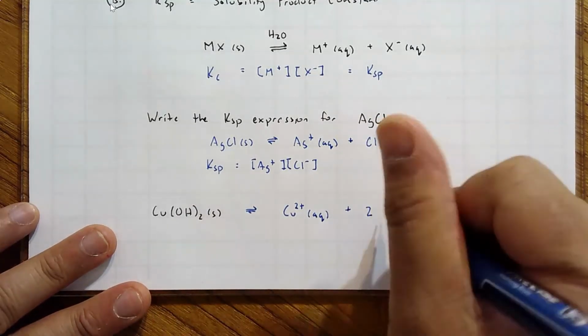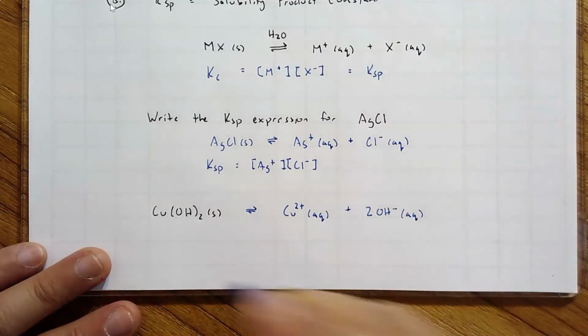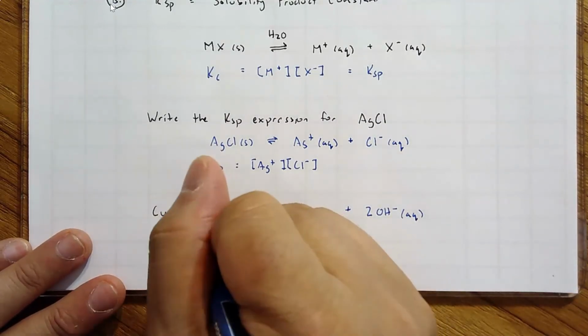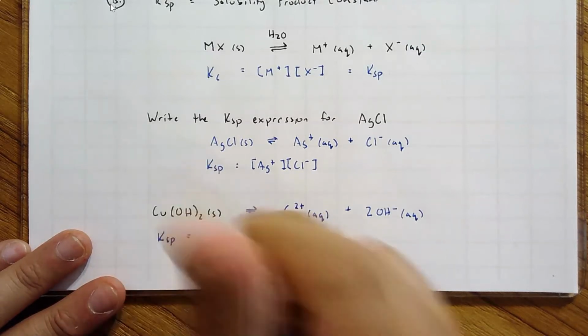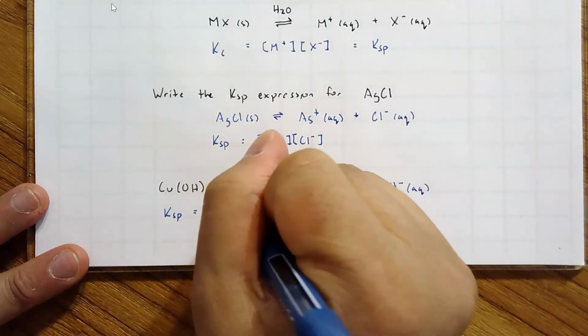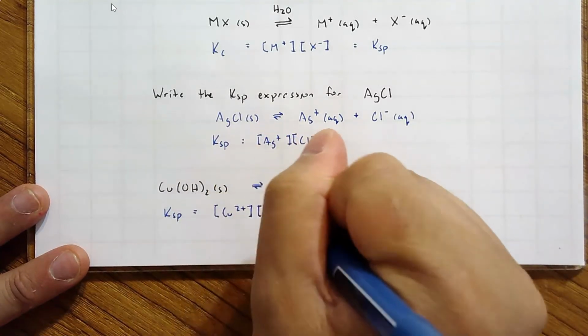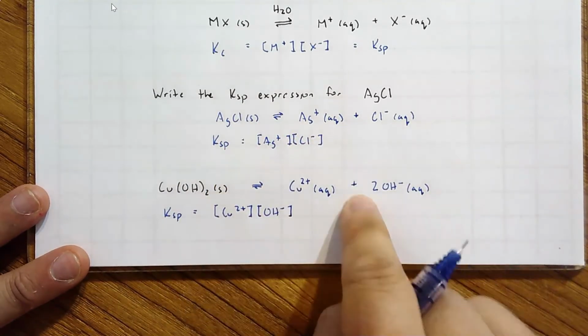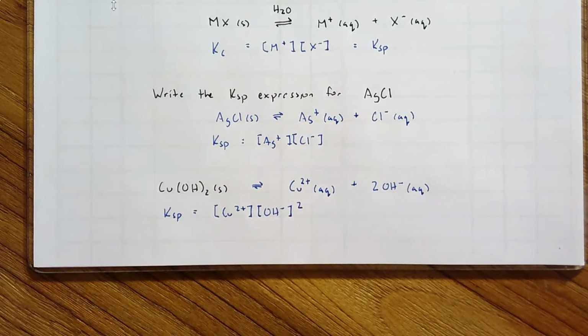It's a coefficient, right? 2OH- aqueous. Does that change how we consider the Ksp? Yep. You have the concentration of Cu2+ times the concentration of OH-, the hydroxide. But now that you have a 2, you do have to square this term.